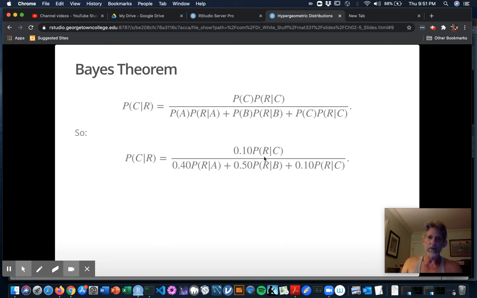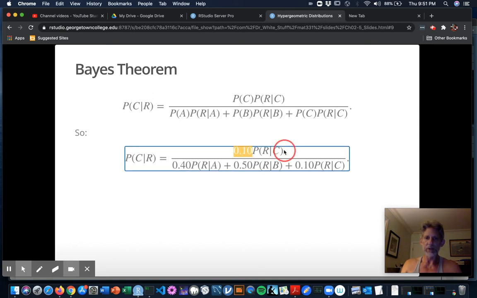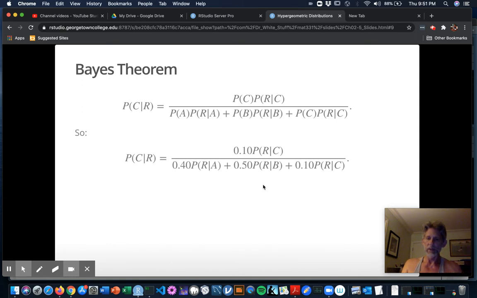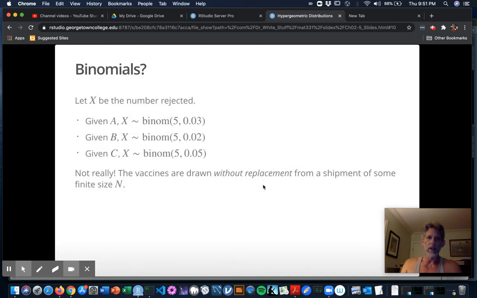And the meat of the problem was these conditional probabilities, like the probability of rejecting a shipment if it came from company C. Similarly for company A, company B as well. And to find those conditional probabilities, we modeled the process of testing 5 vials out of the shipment as binomial random variables.